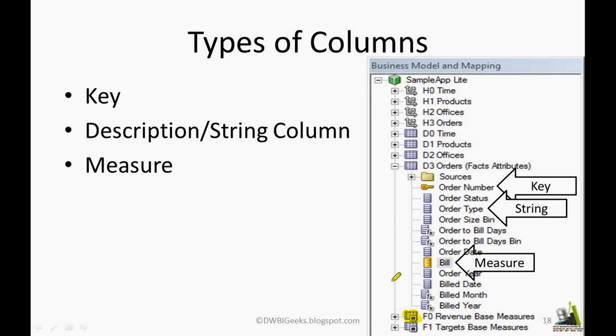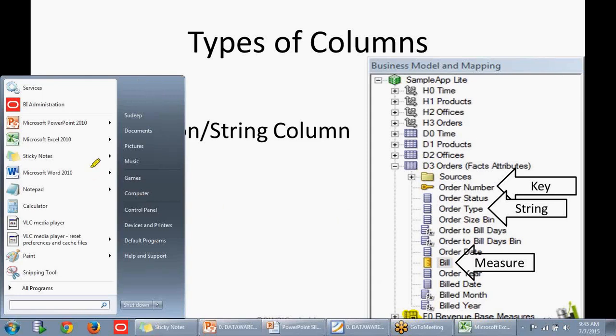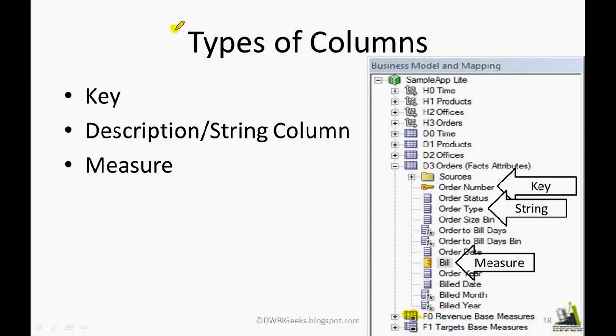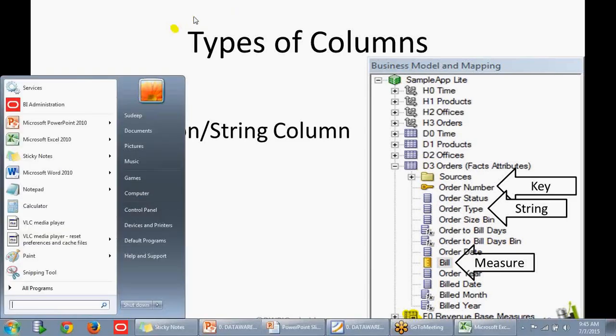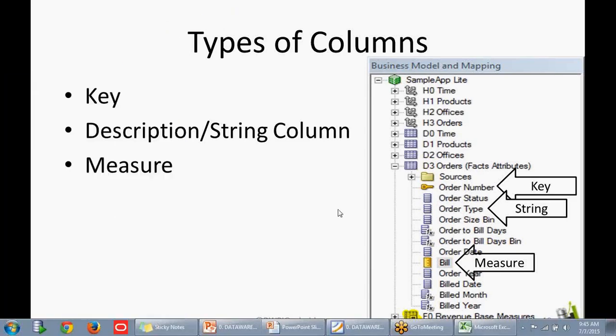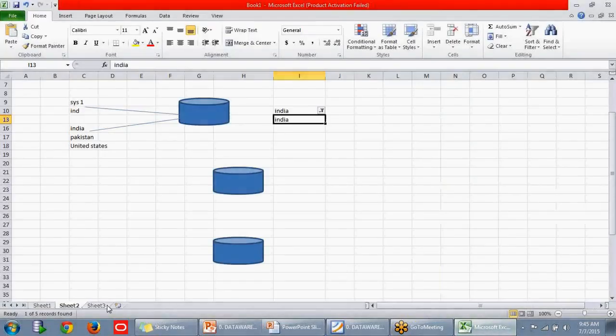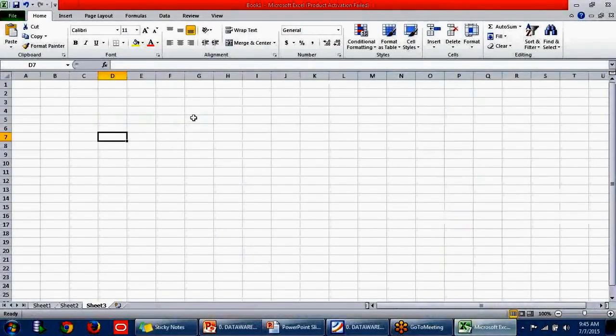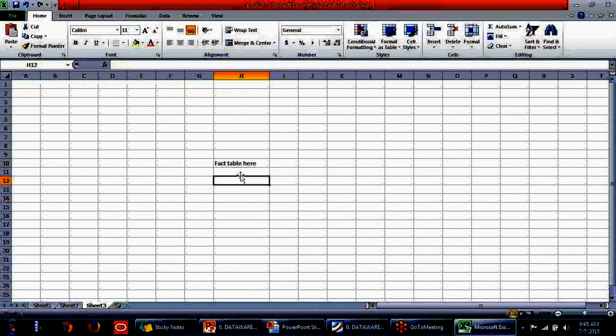Okay, can you explain once again what is a key and description column? Okay, fine. I will explain that with an example here. Let us say we are designing a fact table for an e-commerce business.